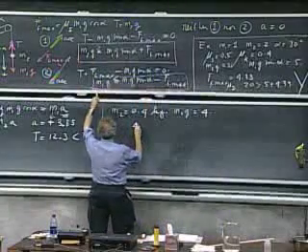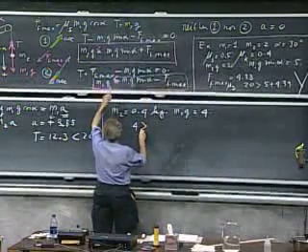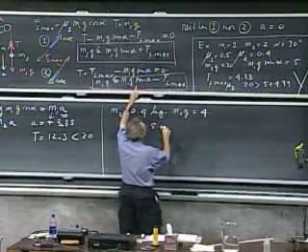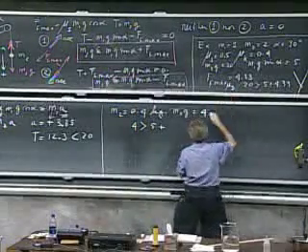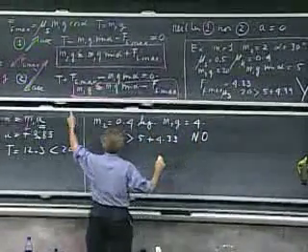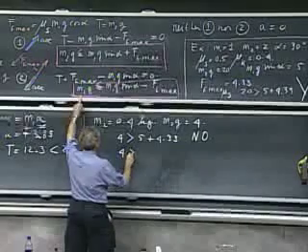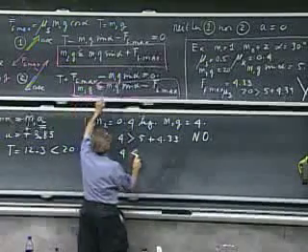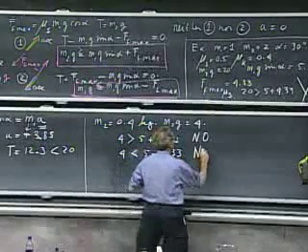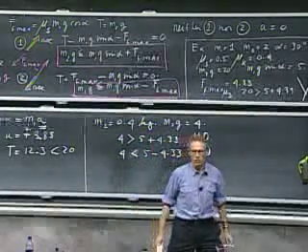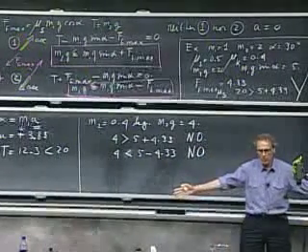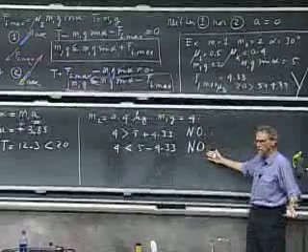Is m2 g, which is 4, larger than 5 plus the static frictional force, 4.33? The answer is no. I'm going to test for my second case. Is m2 g smaller than 5 minus 4.33? The answer is no. So what do we conclude? What must be our conclusion? Condition 1 is not met. Condition 2 is not met.